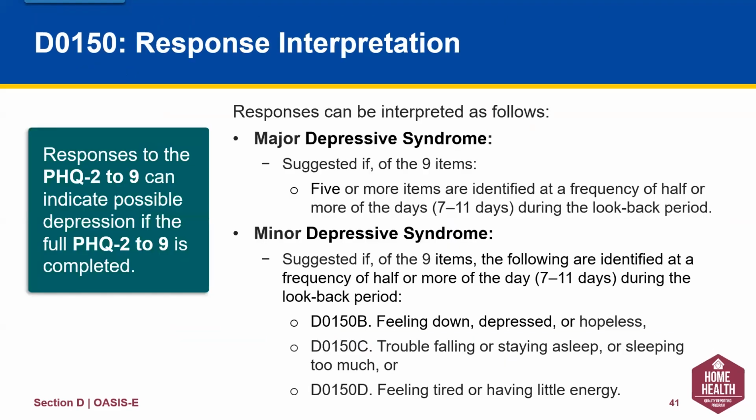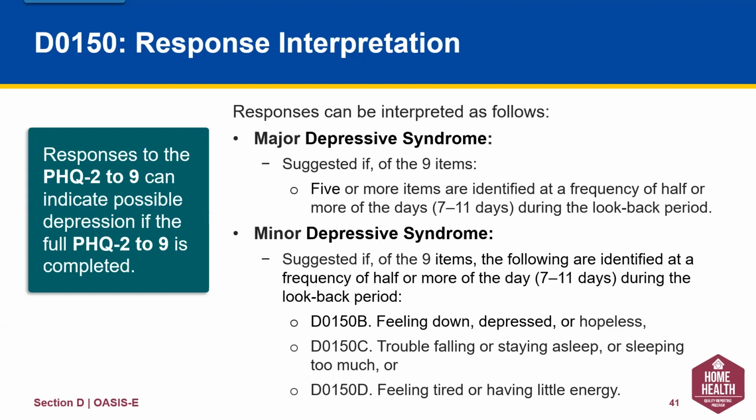Now remember, response to the PHQ-2 to 9 can indicate possible depression if the full PHQ-2 to 9 is completed. Responses can be interpreted as follows. Major depressive syndrome is suggested if of the 9 items, 5 or more are identified at a frequency of half or more of the days, 7 to 11 days, during the look-back period.